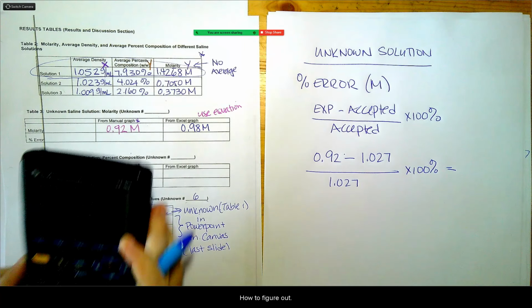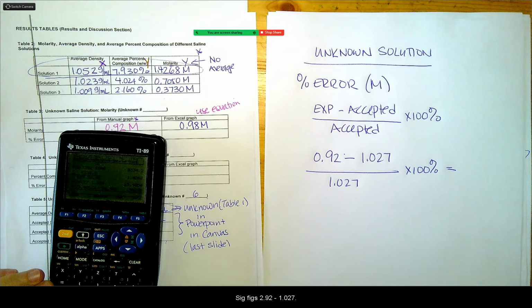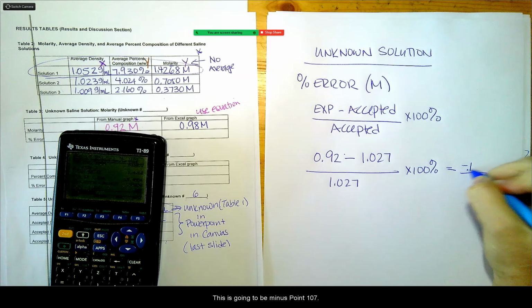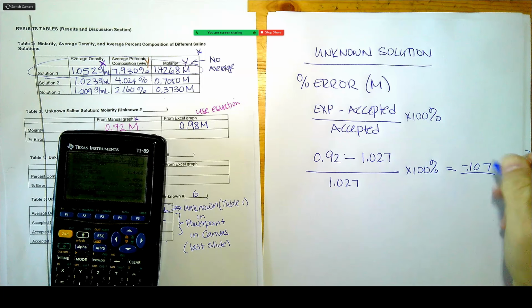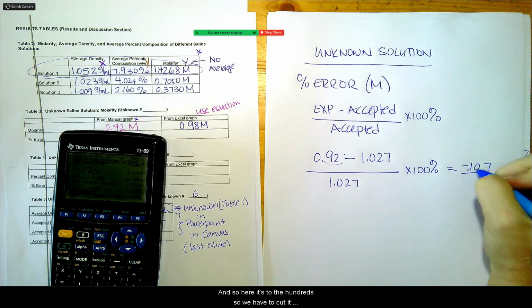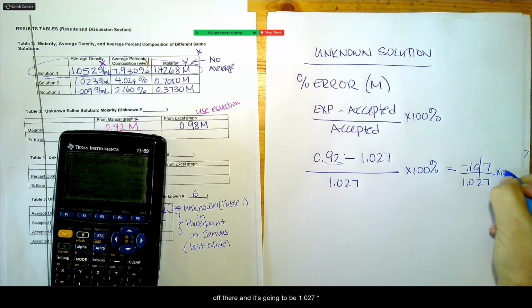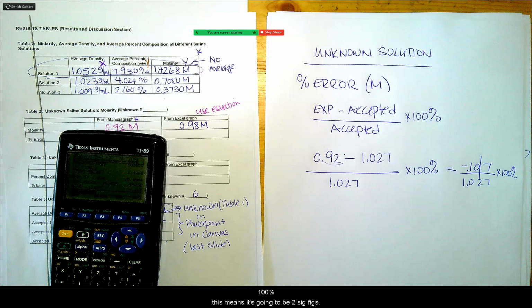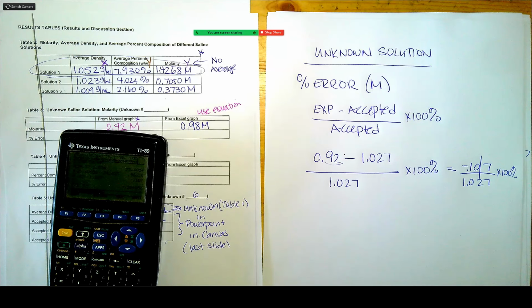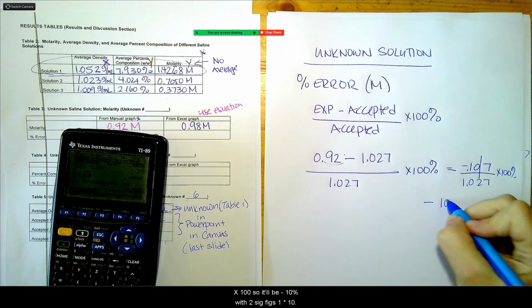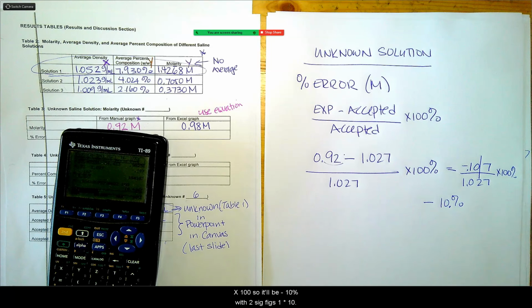Now to figure out sig figs, 0.92 minus 1.027 is minus 0.107. Here it's to the hundredths, so we have to cut it off there. And it's going to be divided by 1.027 times 100. This means it's going to be 2 sig figs, so it'll be negative 10% with 2 sig figs.